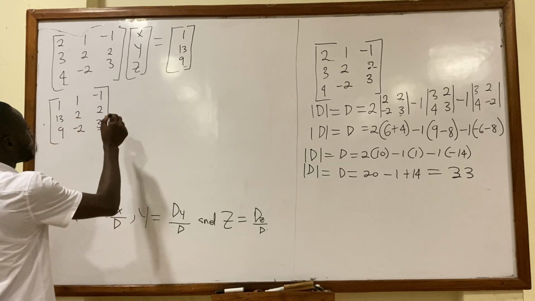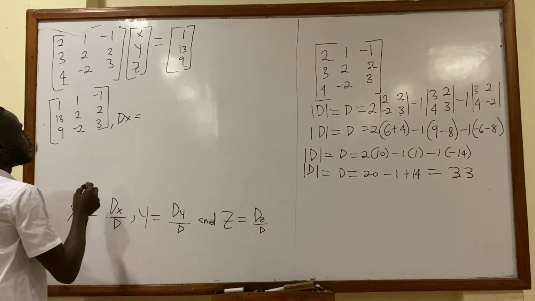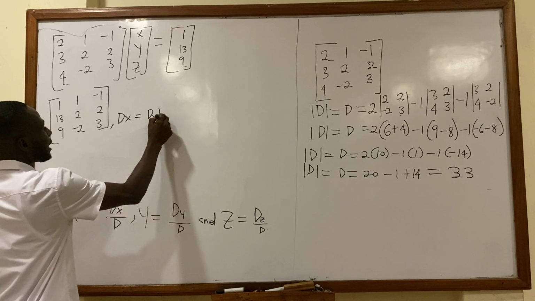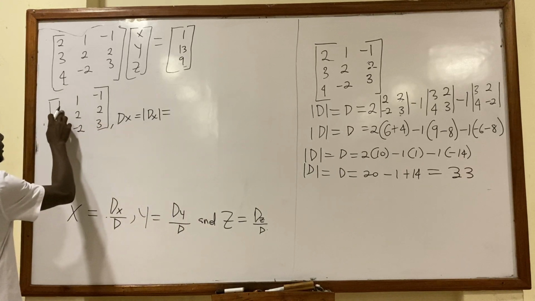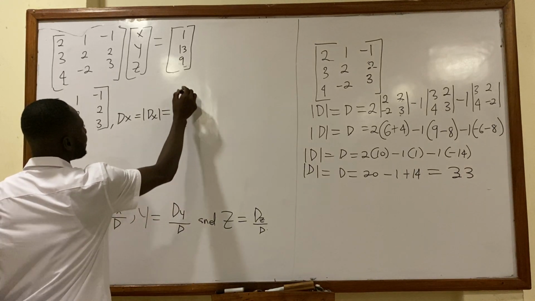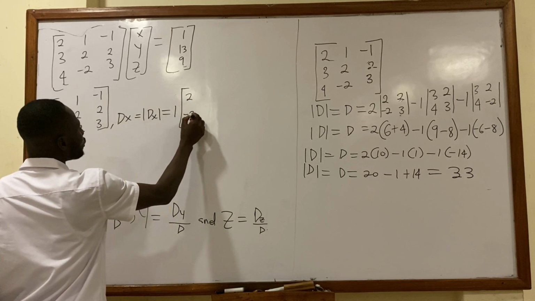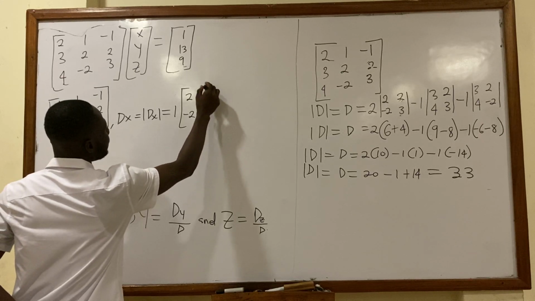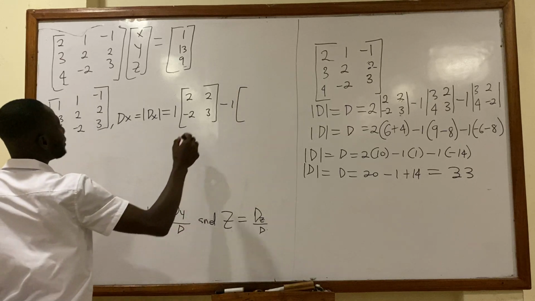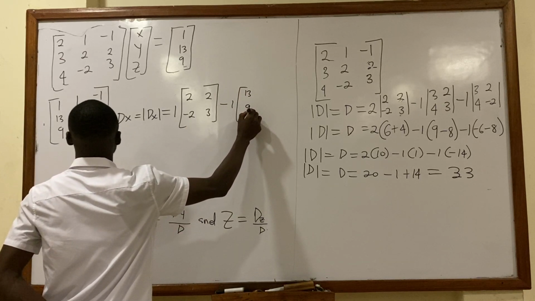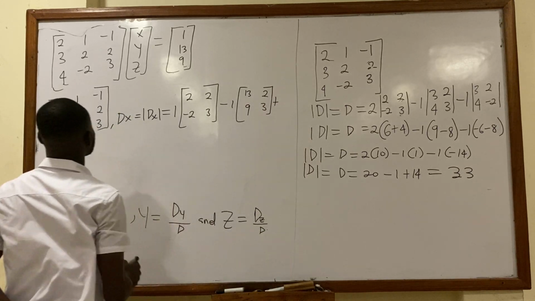So now the Dx is equal to the determinant of the x, right? So we take this one, that means we are going to avoid this and avoid this. So we have 2, next 2, 2, 3, and then minus 1, 13, 9, 2, and 3, plus, right?